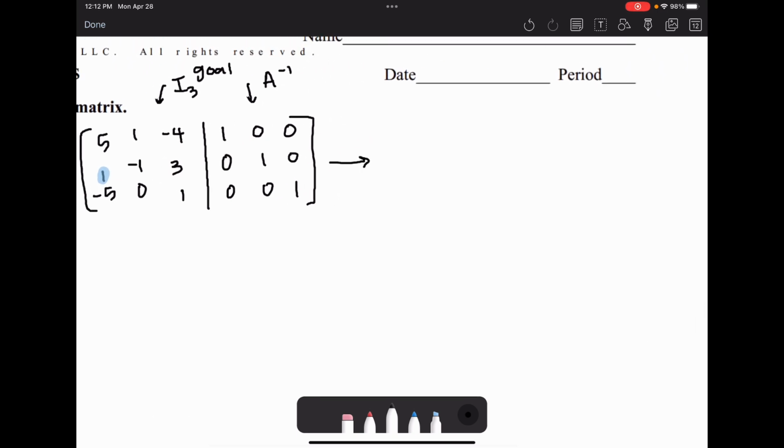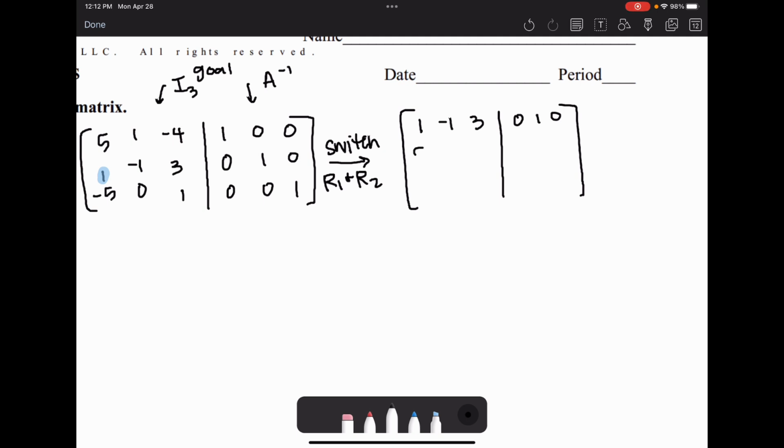So I'm going to switch row 1 and row 2. And you have to remember to do the entire row. So now, this would be 0, 1, 0 here. And then we're switching, this would be our new row 2, and then row 3 didn't change.